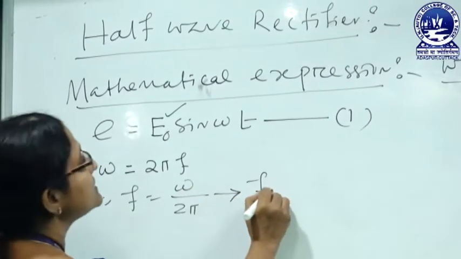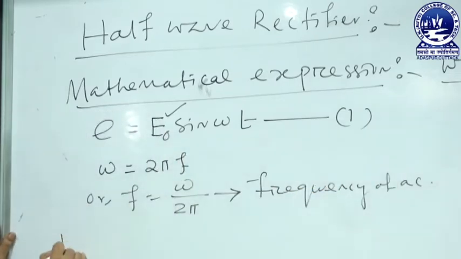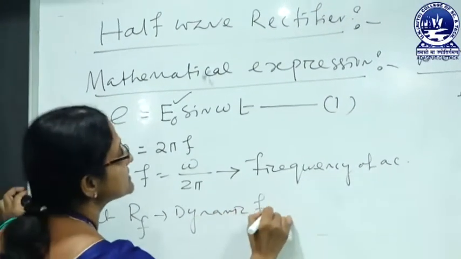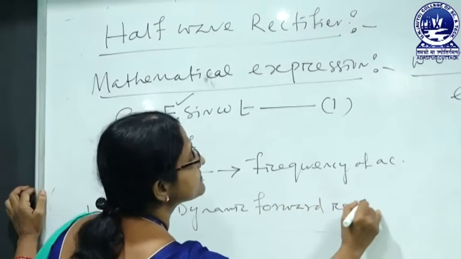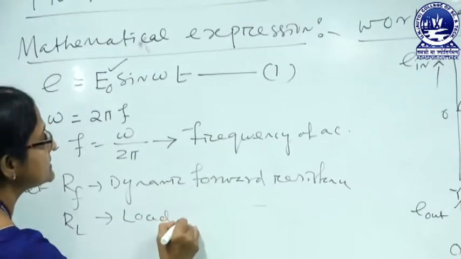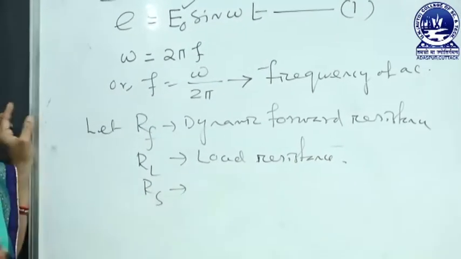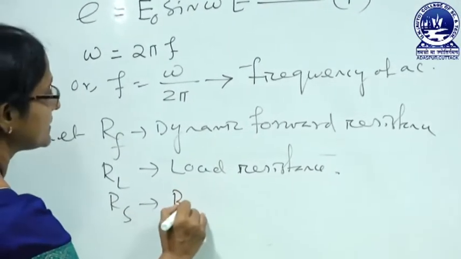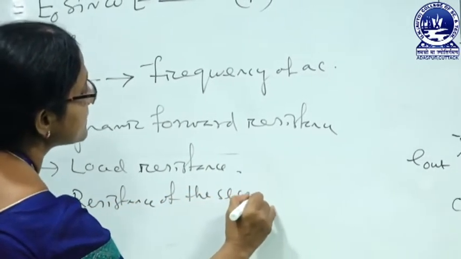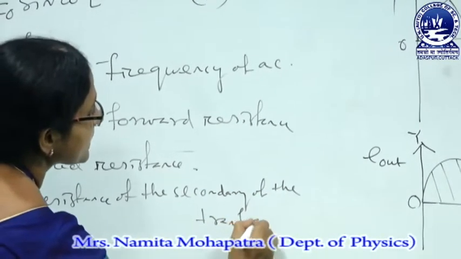Let Rf be the dynamic forward resistance, RL the load resistance, and Rs the resistance of the secondary of the transformer.